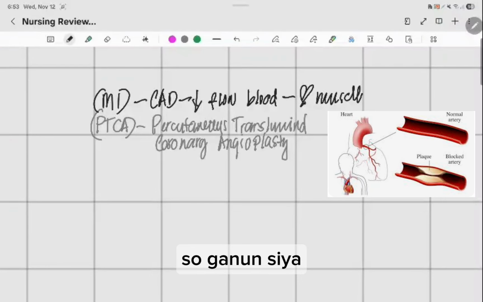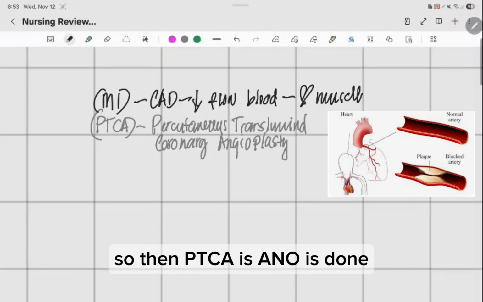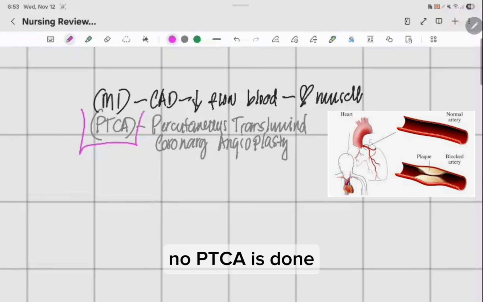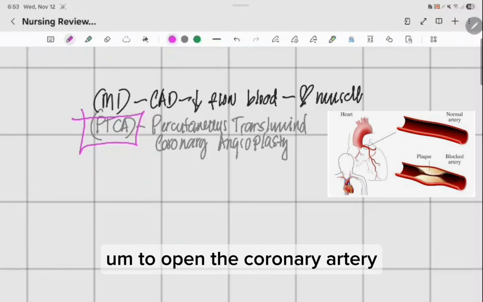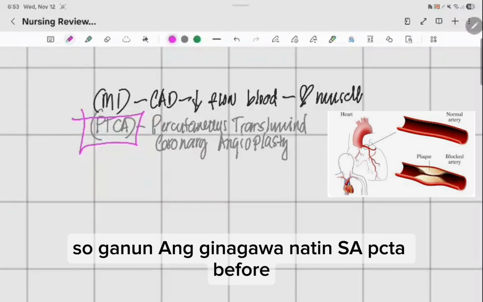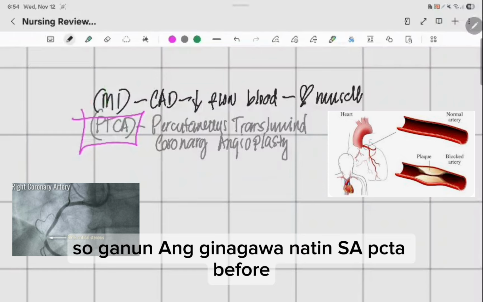So ganun siya, no? So PTCA is done to open the coronary artery. So ganun ang ginagawa natin sa PTCA.